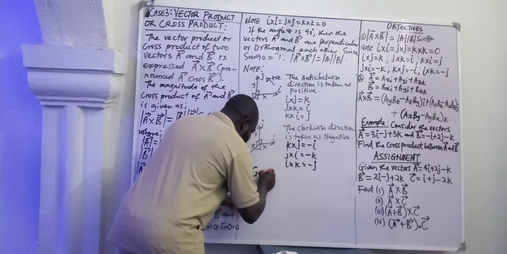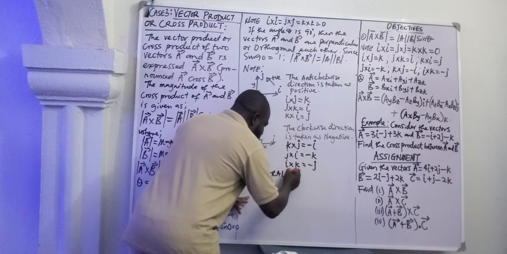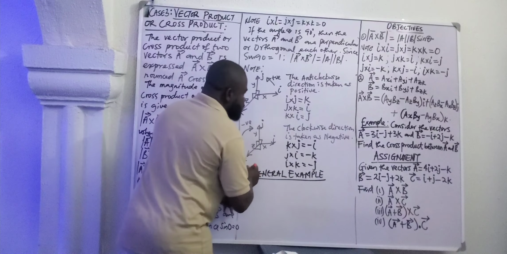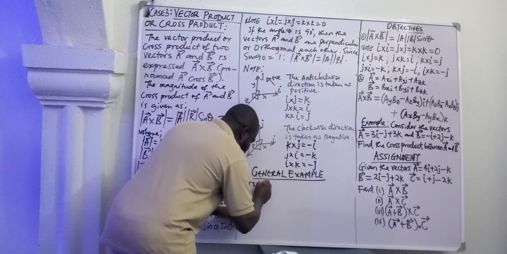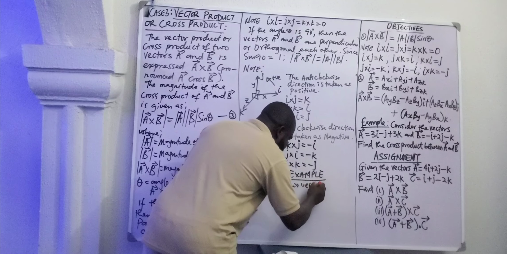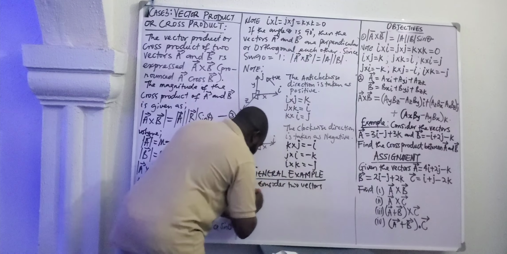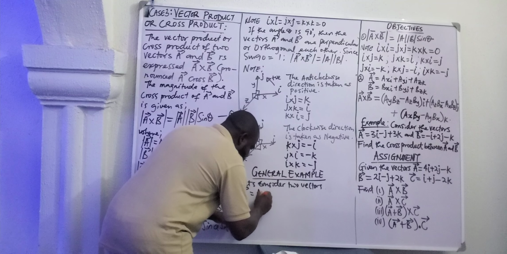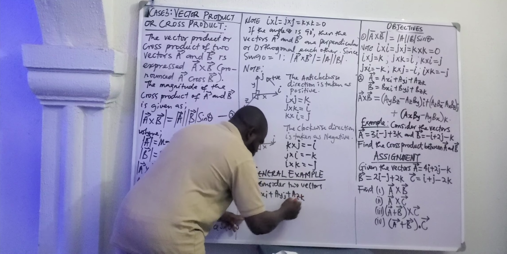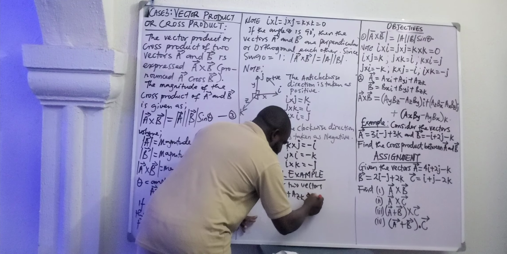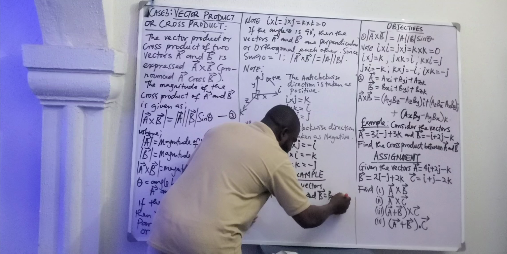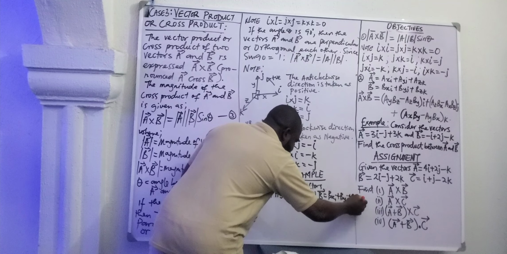Let's consider a general example. Let's consider two vectors A and B. Vector A given as AX i, AY j, AZ k, and vector B given as BX i, BY j, and BZ k.